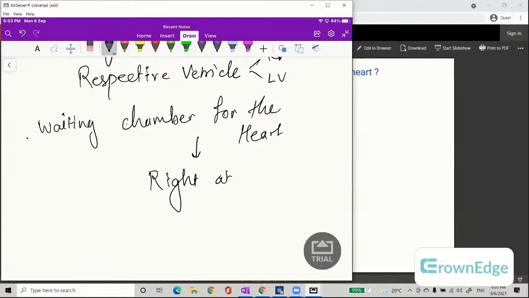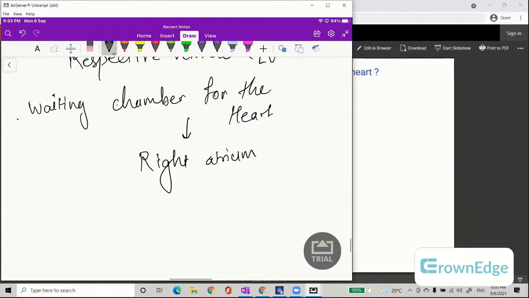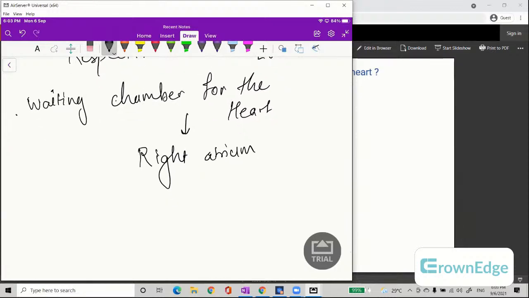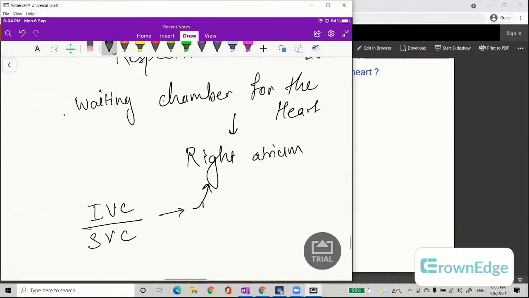Why the right atrium? Because remember, the blood is continuously coming from the IVC, that is inferior vena cava, and the superior vena cava towards the right atrium, from the various body parts. So from the body, the blood is coming into the IVC and SVC, right?